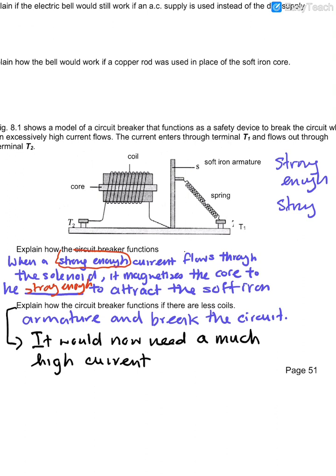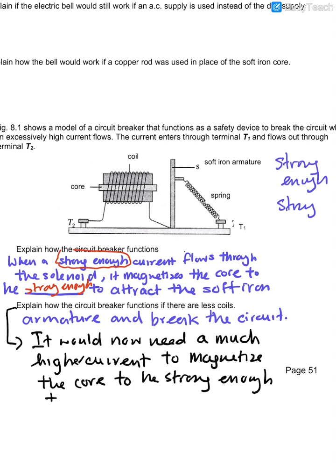A much higher current to attract the soft iron. Much higher current. Why you take the use calculator? Oh yeah, you. How do you find that out? How do you figure that out, bro? To be strong enough. You don't want to use.